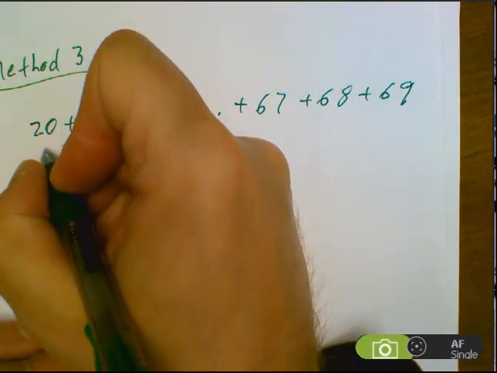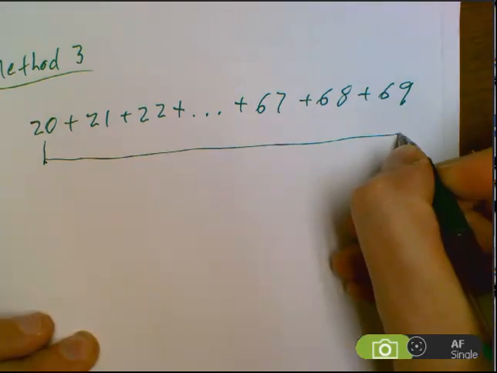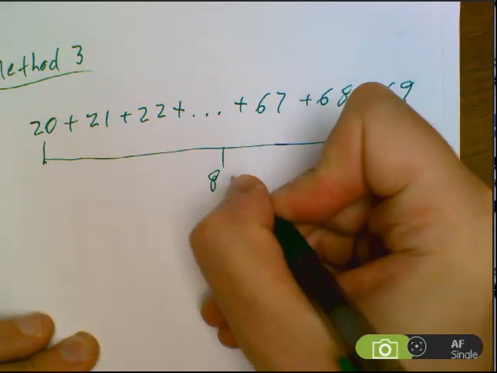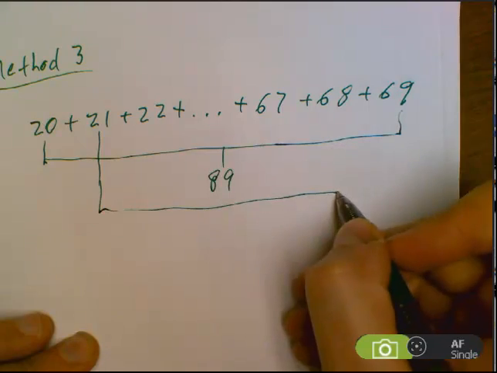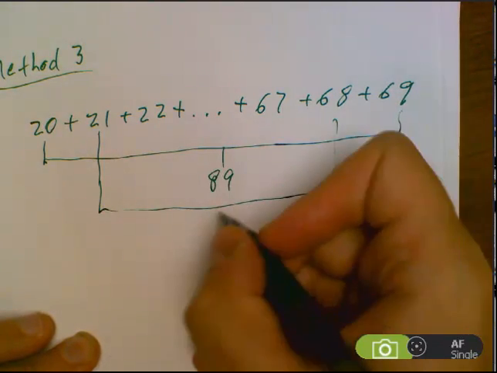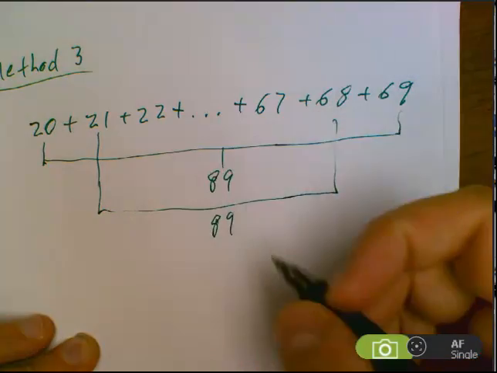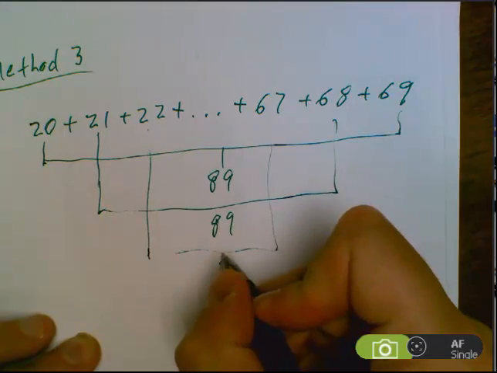Here's another way to do it: we can pair off. If we take the first and the last, 20 plus 69, that's 89. If we take the second one and add that to the 68, that's 89 again. And 22 and 67, 89 again.